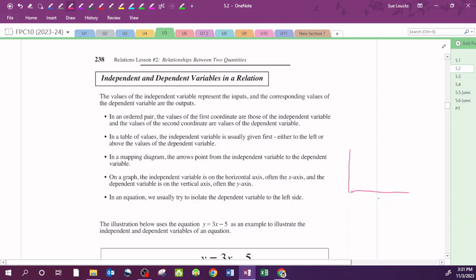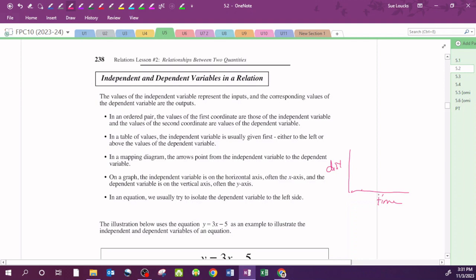If this is your time and this is your distance, for example, you're at a specific time and you're measuring your distance. The independent variable just kind of goes on, like time. I think time is always an independent variable because time just happens. And then the distance depends on what the time is since you started measuring.